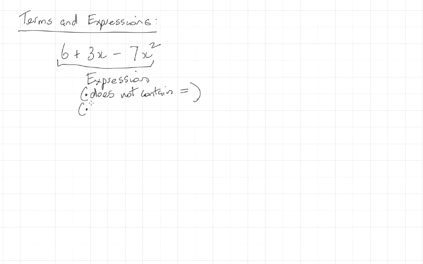And as well, it is a collection of what we call terms. So in this expression, 6 plus 3x minus 7x squared, there are three terms.